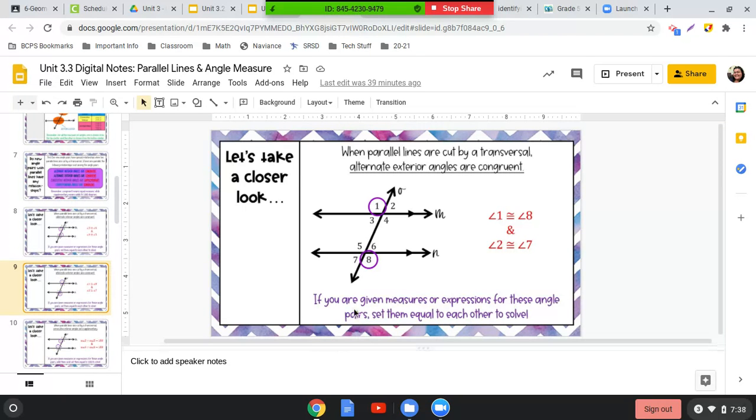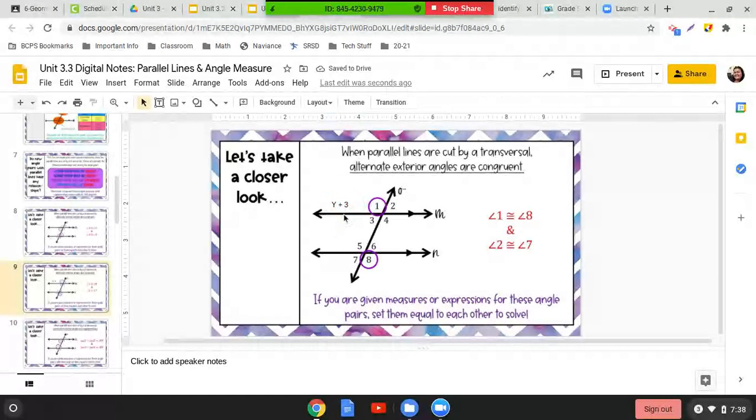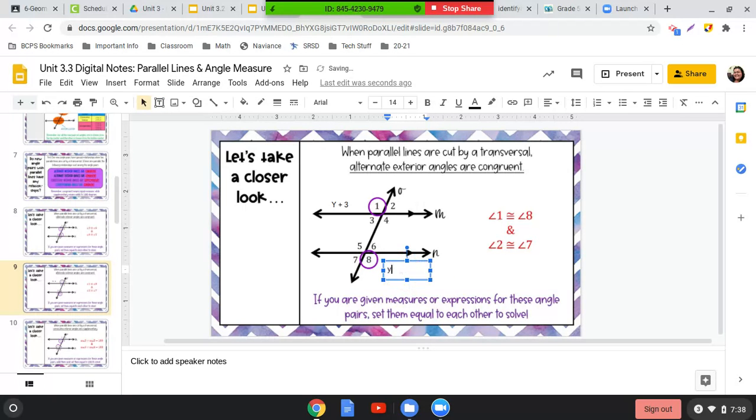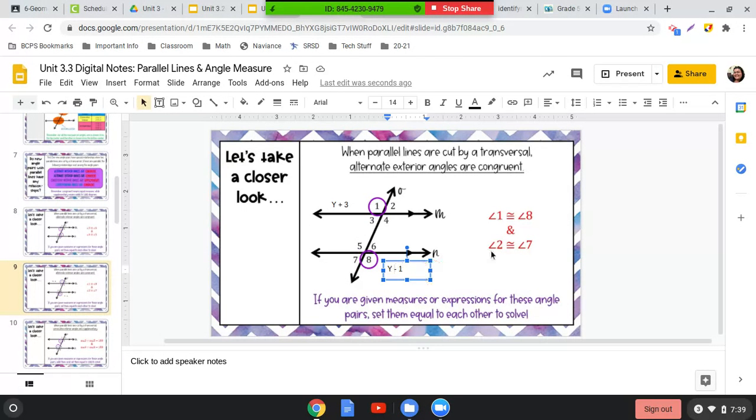So if you're going to put this into a mathematical expression, and you have, say, an equation here that angle 1 is not labeled angle 1, but maybe it will be labeled, let's see, that it is equal to y plus 3, and angle 8 down here, let's just say it's going to be equal to y minus 1, then you can say that, well, that would probably need to be x.